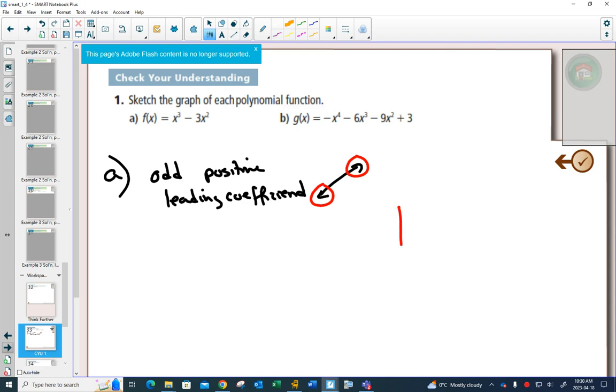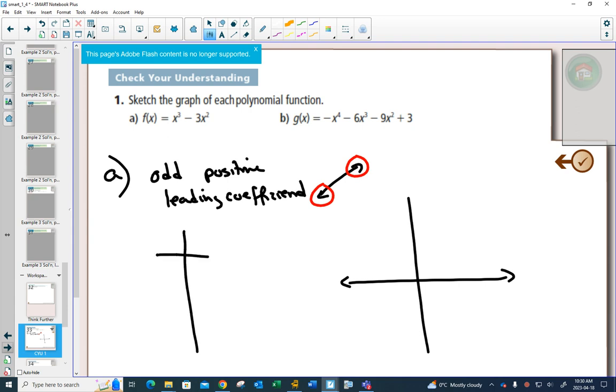Then if we want to graph this, what we could do is just find a bunch of points. Like what happens when x is 0? Oh, y is 0. So I have a point. What happens when x is 1? You would have 1 minus 3, you would get negative 2. And you'd get another point. What happens when x is 2?